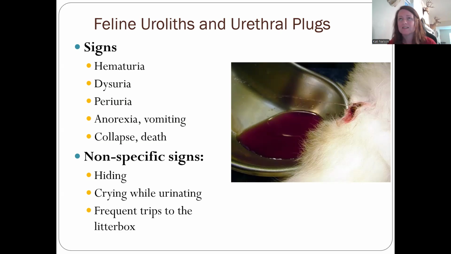So since this is occurring, they can't void the urine, they can't get rid of it, and then basically toxins will build up. That's azotemia. It's just toxins building up and it makes them very sick. And then as it progressively gets worse, we can even see urine spilling into the blood. That's a whole different situation that's very, very dangerous. So collapse and death can occur. We're also going to talk about that.